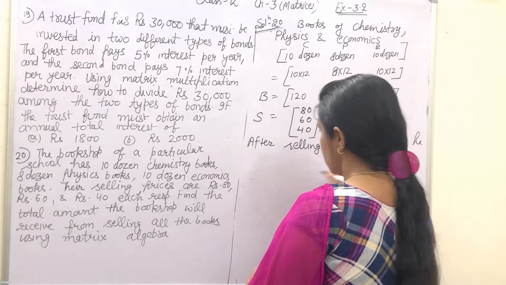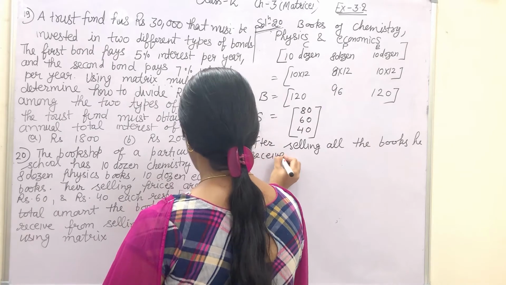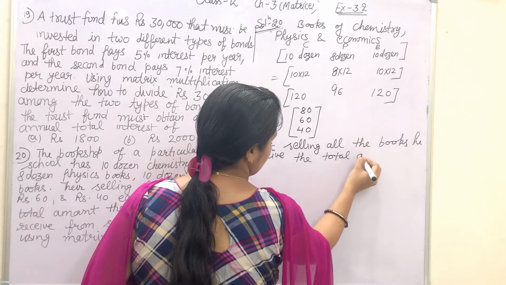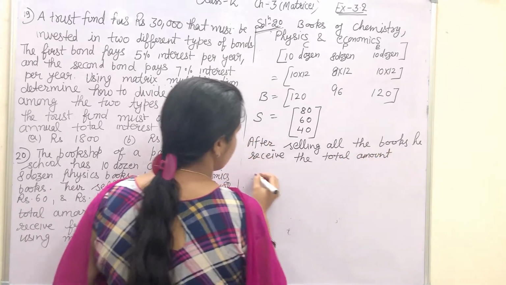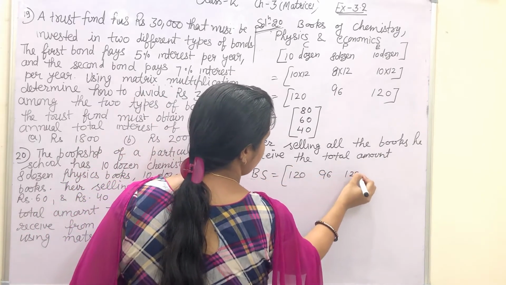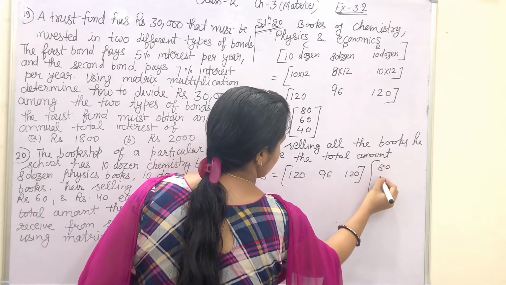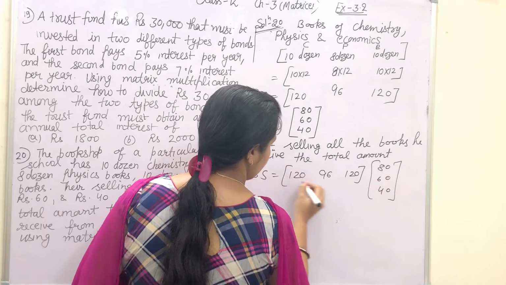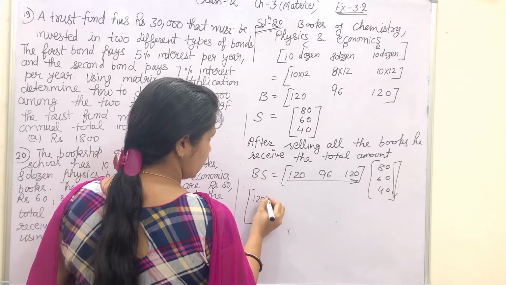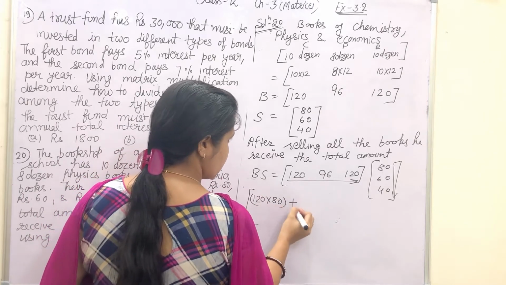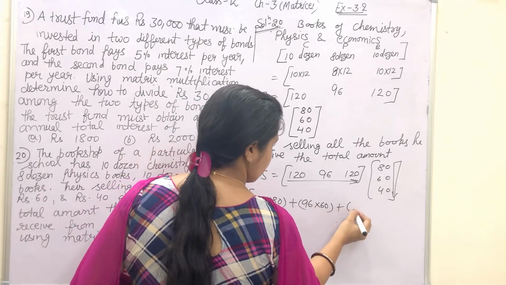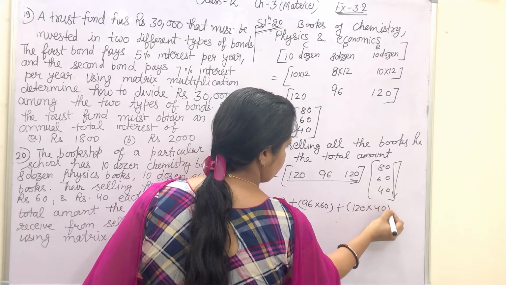He receives the total amount BS, that is 120, 96, 120 times 80, 60 and 40. By matrix multiplication, we can write 120 into 80 plus 96 into 60 plus 120 into 40.